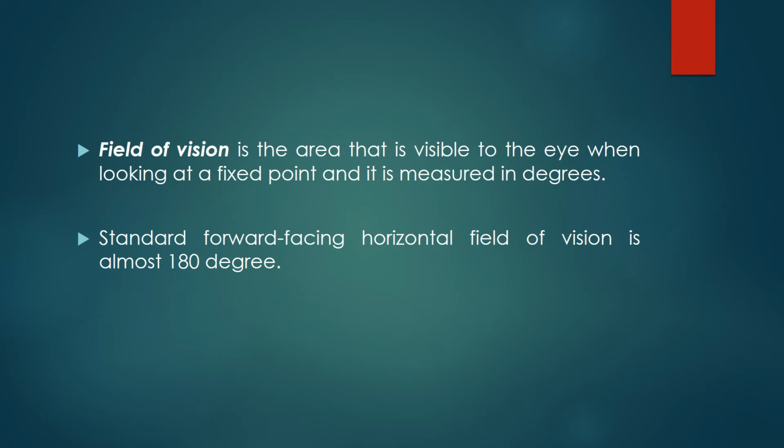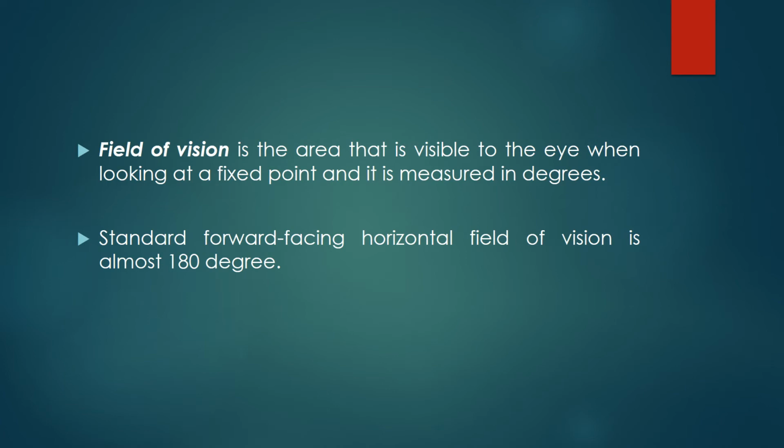If there is any problem in the area of vision, a person fixes their head in one position and is unable to look to the left side, in line with their left shoulder, or faces the same problem on the right side, it may be a problem of field of vision. So there are two important terms, visual acuity and field of vision.